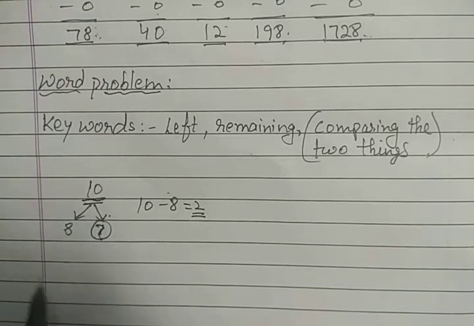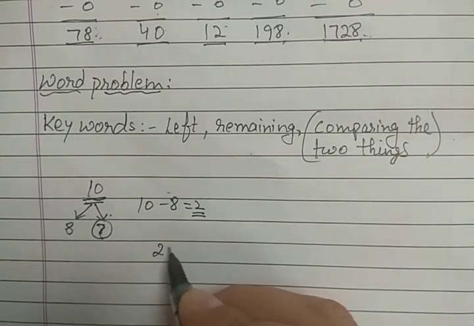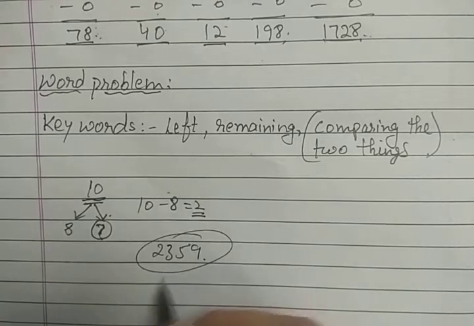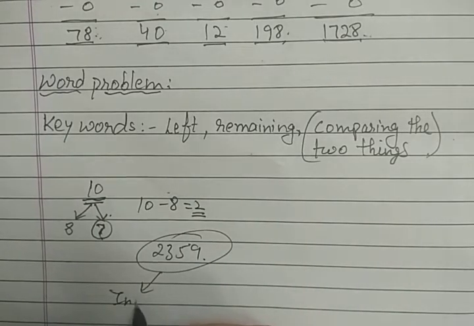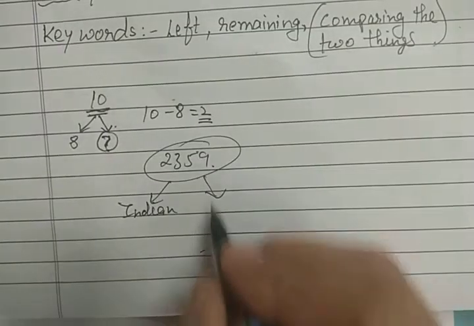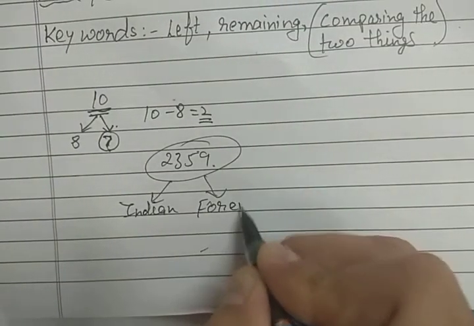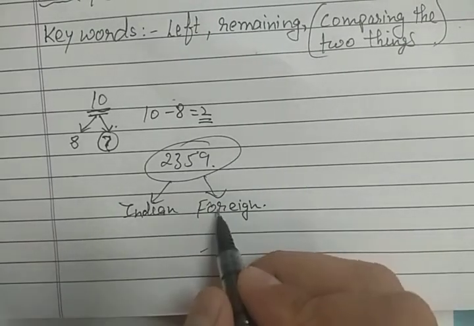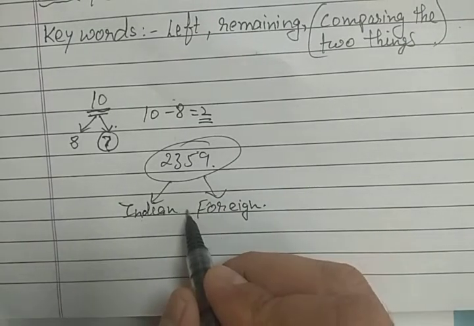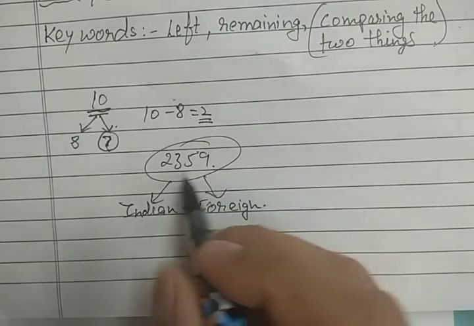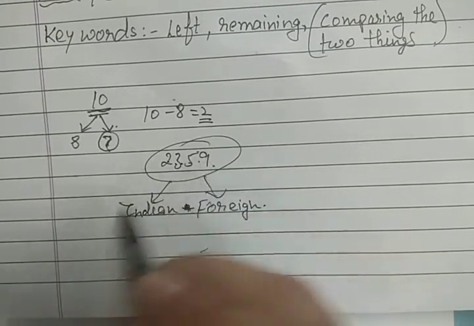So in the same way, Rahul has 2,359 stamps, and out of these, there are Indian stamps and foreign stamps. When these two are added, the total number of stamps is 2359.